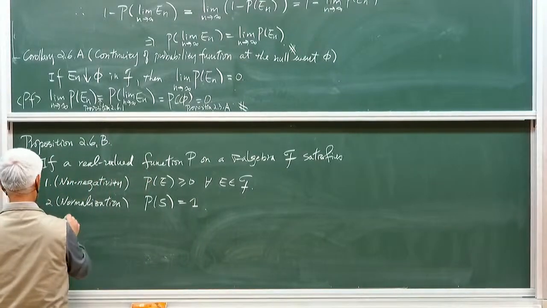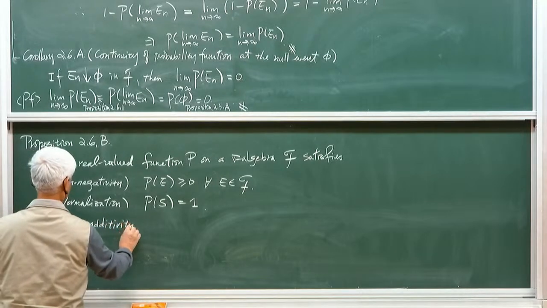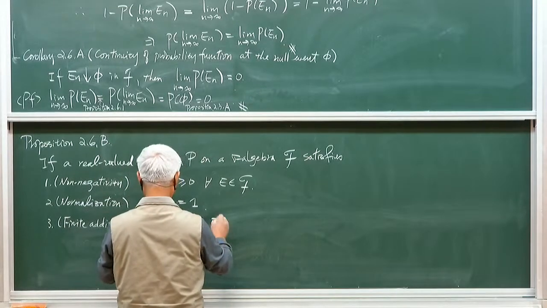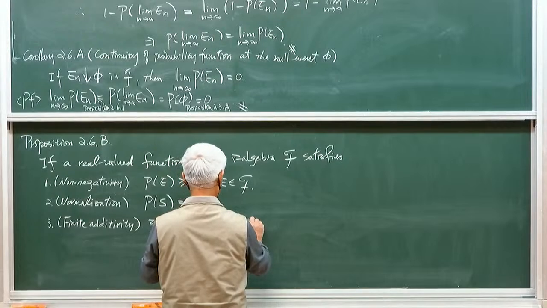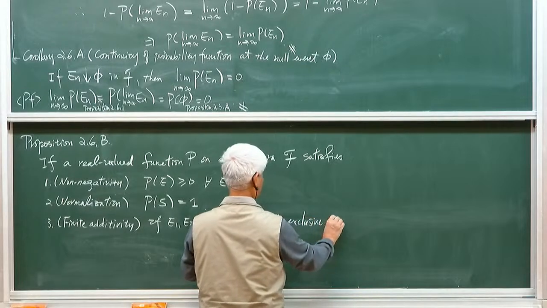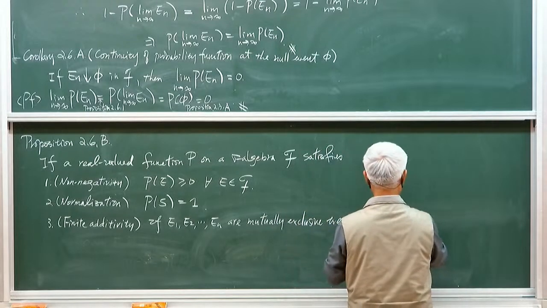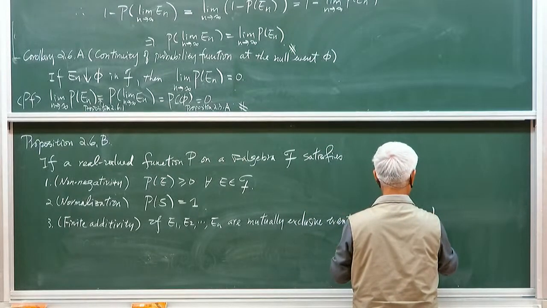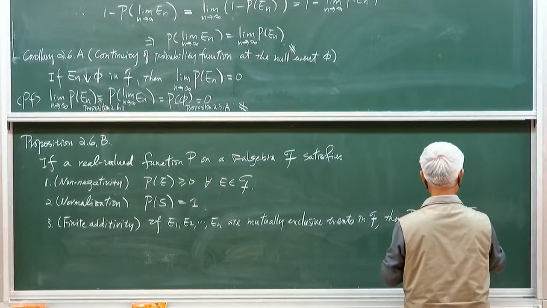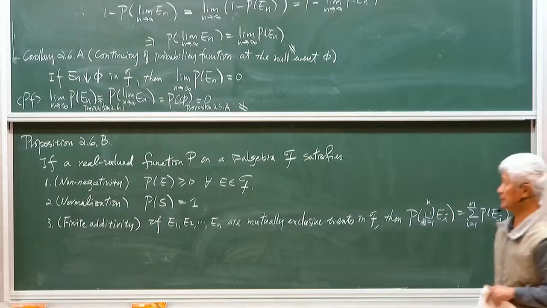Third, finite additivity: if E1, E2 up to En are mutually exclusive events in F, then the probability of their disjoint union equals the sum of their probabilities. So we have only finite additivity.